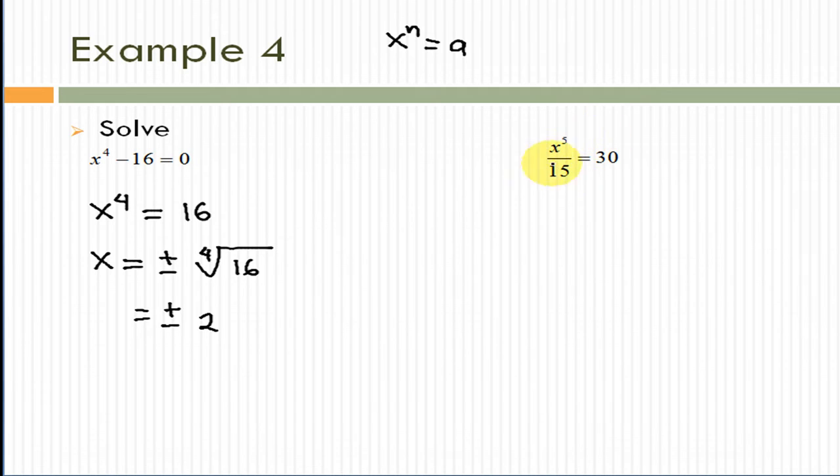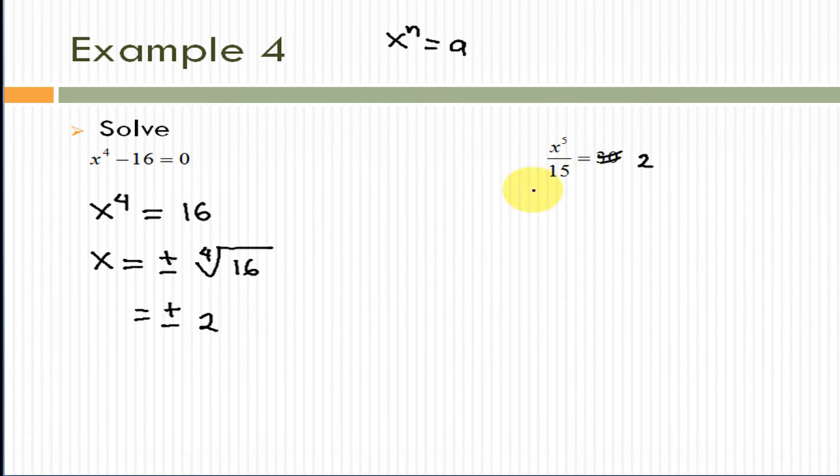Again, for this one, we want to make this equation look like that. To make this look like that, we don't want that 15 in the denominator. To get rid of that 15, we multiply both sides of the equation by 15. Well, this problem is not right, it should be 2. Okay, so this is the problem. We don't want that 15, so we multiply both sides by 15.